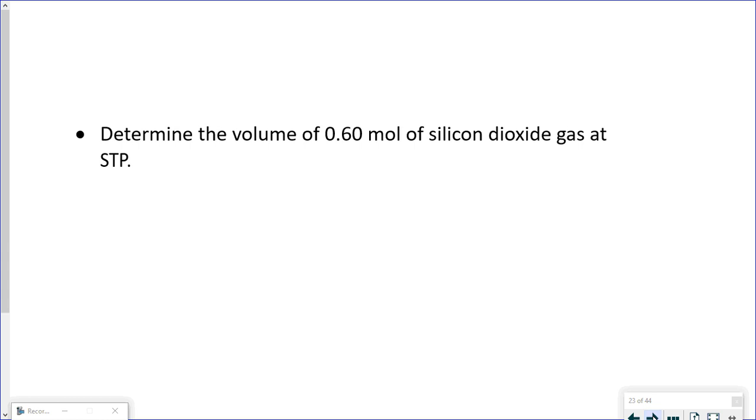Let's go in the other direction. If we want to find the volume whenever we have moles, so we're going to determine the volume of 0.6 moles of silicon dioxide gas at STP. Yet again, start with whatever's given. So 0.60 moles. Since we're looking for liters, we don't need moles.